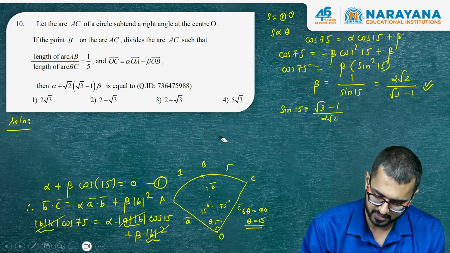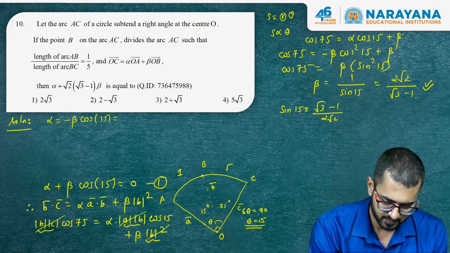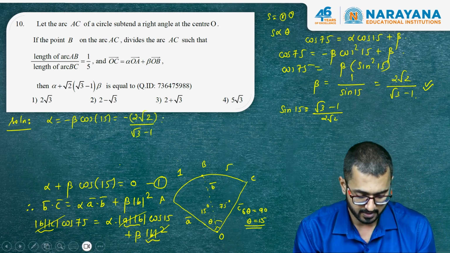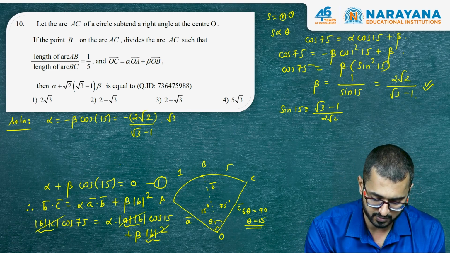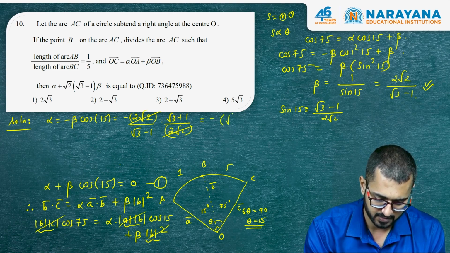Using equation 1 to get the value of alpha, I'll get alpha equal to minus beta cos 15. Beta we have, it is 2 root 2 over root 3 minus 1 with a minus, and cos 15 will again become root 3 plus 1 upon 2 root 2. So this 2 root 2 gets cancelled, and we have only minus of root 3 plus 1 over root 3 minus 1.